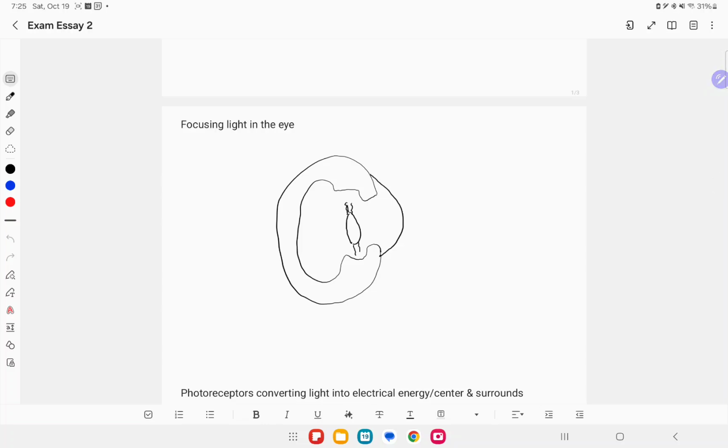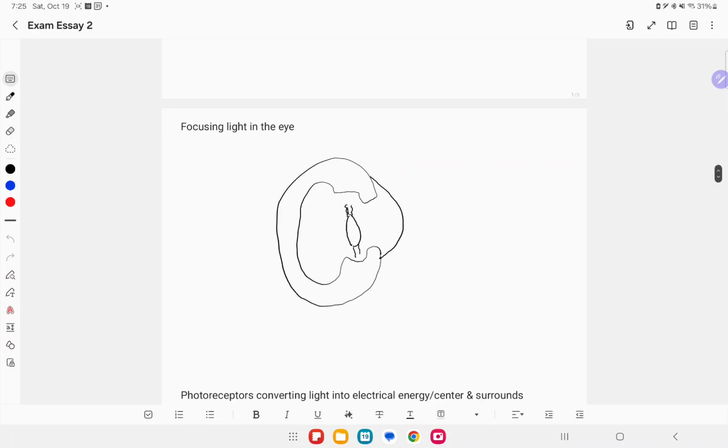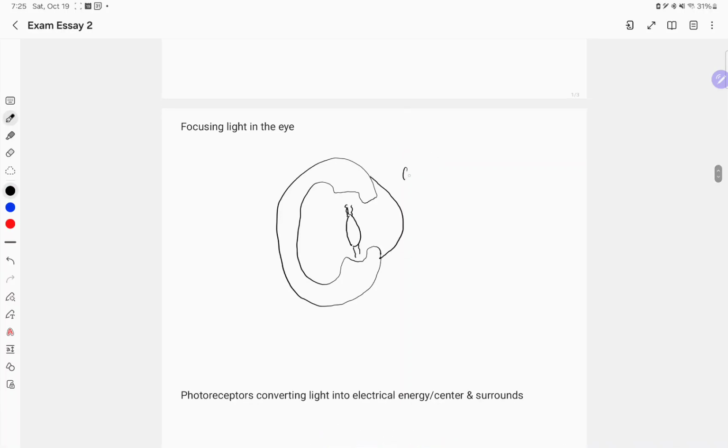Excuse my strange looking eyeball here, but here's our cornea right here. Here's our lens here.